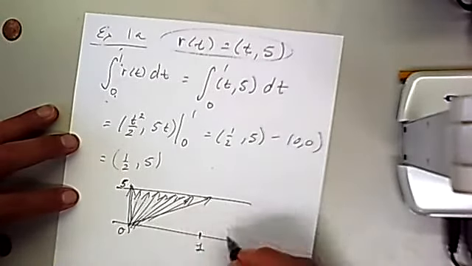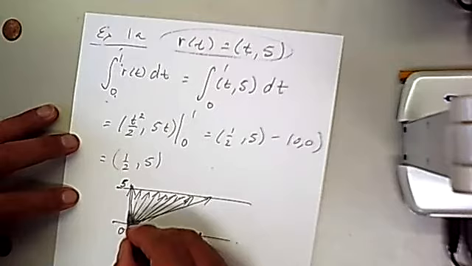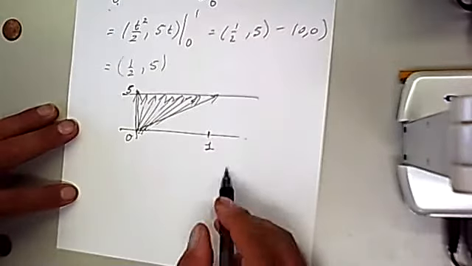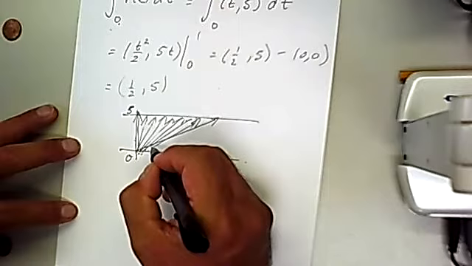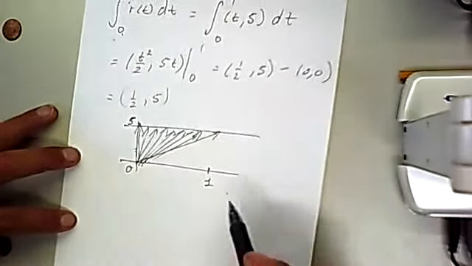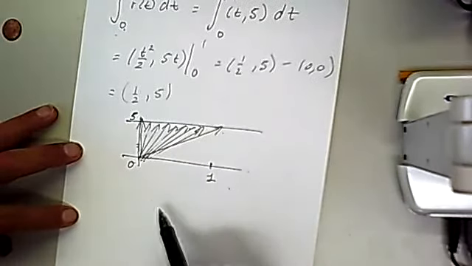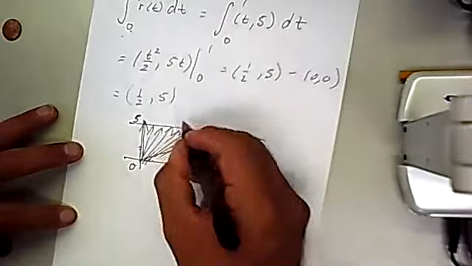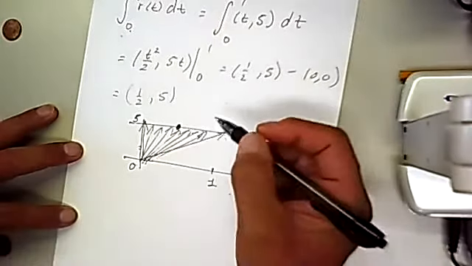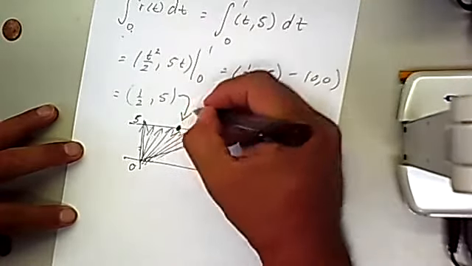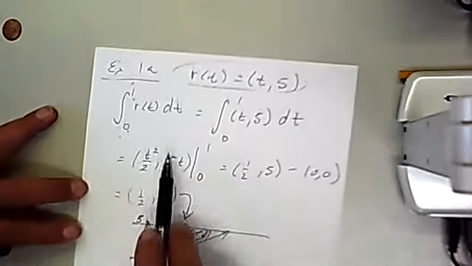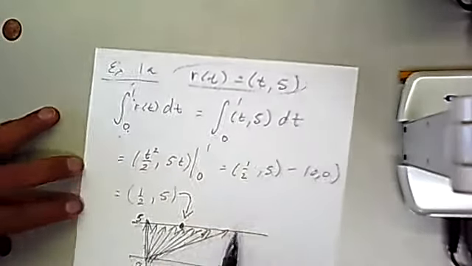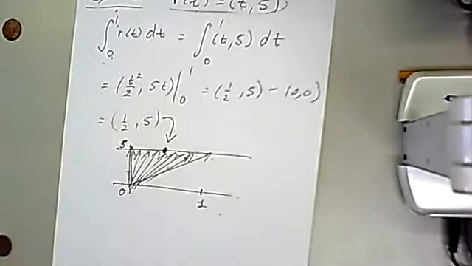When we multiply by little intervals, all of these vectors get really short, and then we're adding them together. The other way to say it is that we're averaging all these vectors. When we average all these vectors, we get the middle, which is exactly this. So in a way, the integral of this from 0 to 1 gives us the average of all the other vectors.